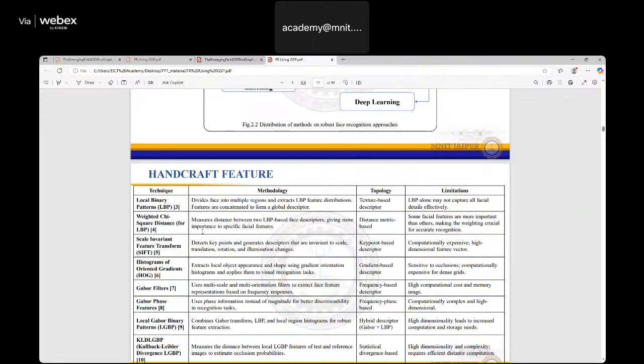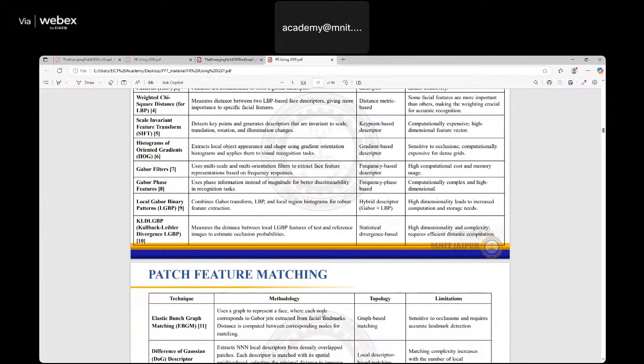This is the Gabor filter. It is an old approach where you extract the face feature representation based on frequency. Then the local Gabor binary pattern: Gabor normally focuses on global information, but in local Gabor the neighborhood information comes in with the help of the LBP.